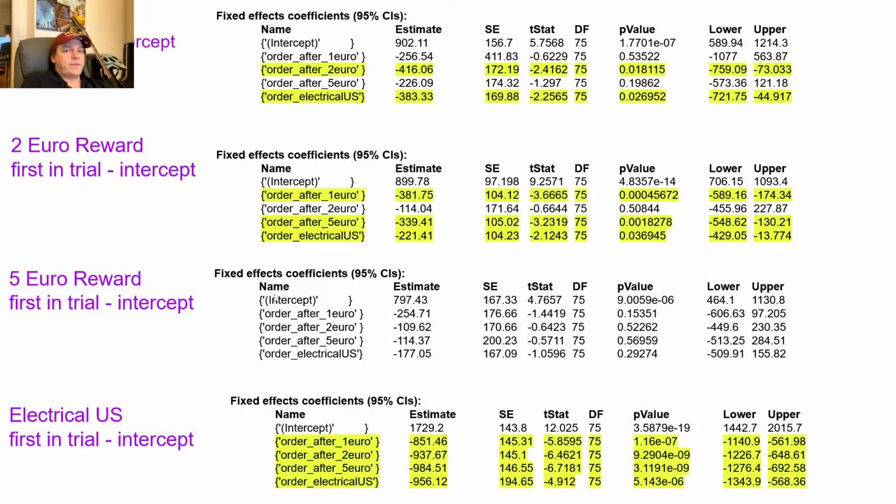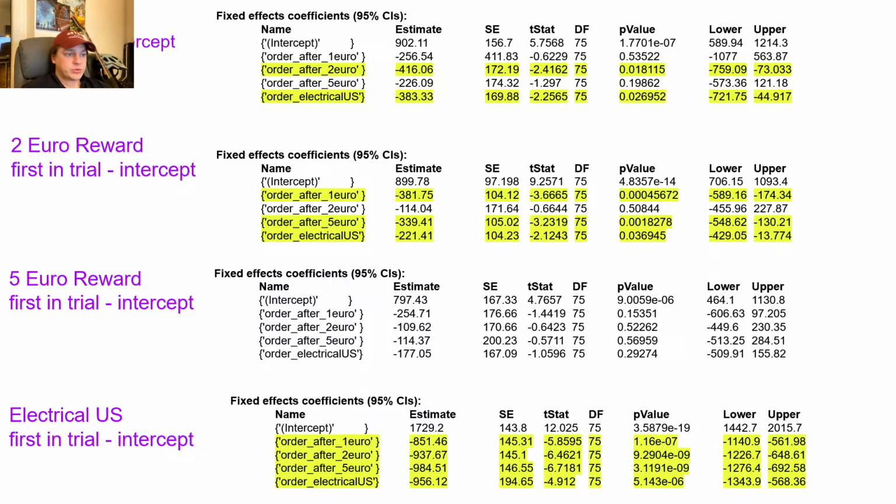What can we say? For 5 euro it's not important whether it was first in the trial or not. It's not very significant where the 5 euro is. So 5 euro probably caused the same reaction, not depending on where it was. For all the others, for electrical stimulation, the first stimulation was always much higher than the others.